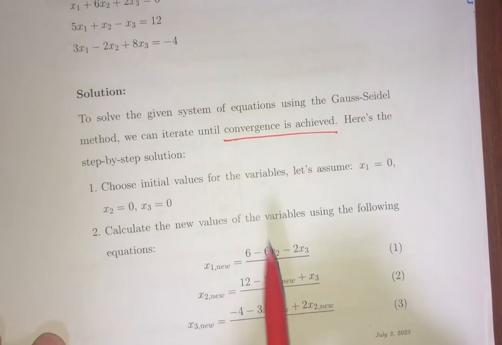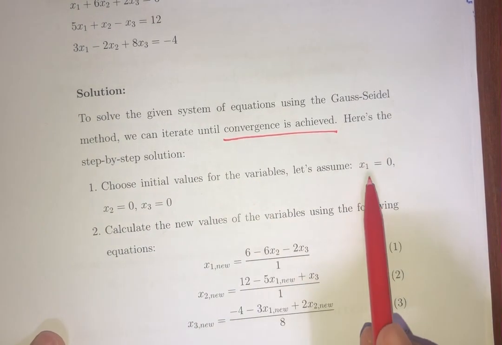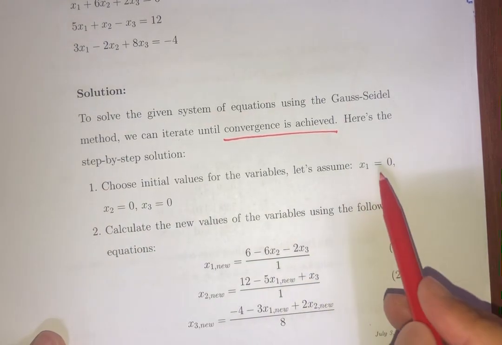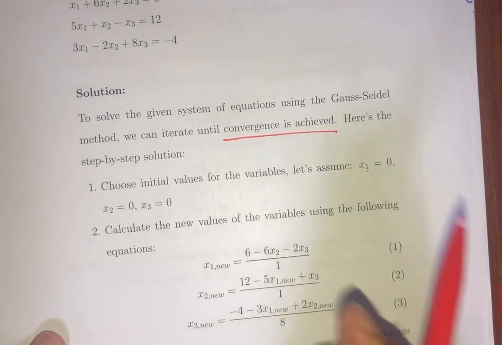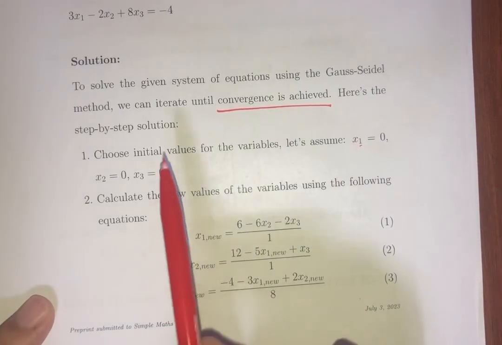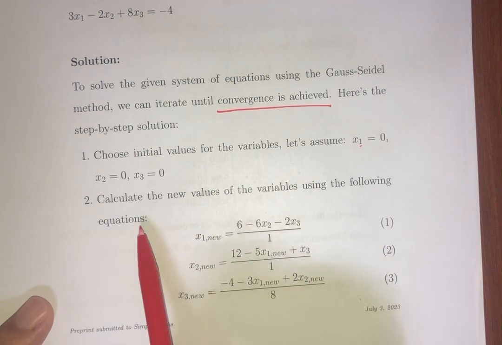Step by step, first of all we are going to choose the initial values of x1, x2 and x3. So let us say that x1 is equal to 0, x2 is 0 and x3 is also equal to 0. Based on this, we calculate the new variables using the following equations.